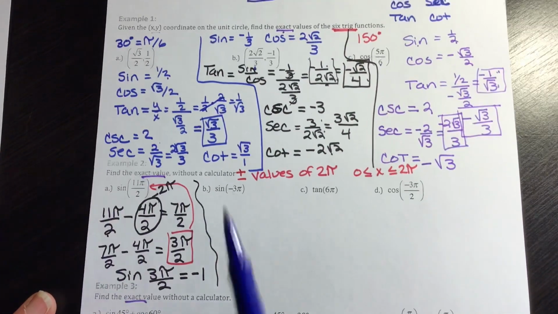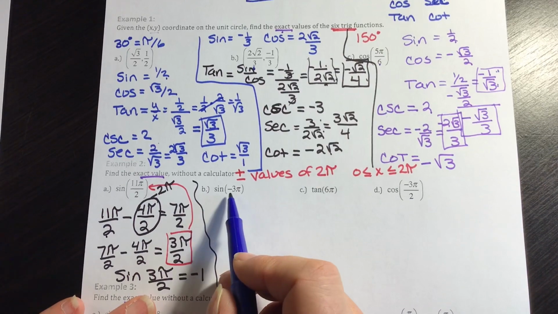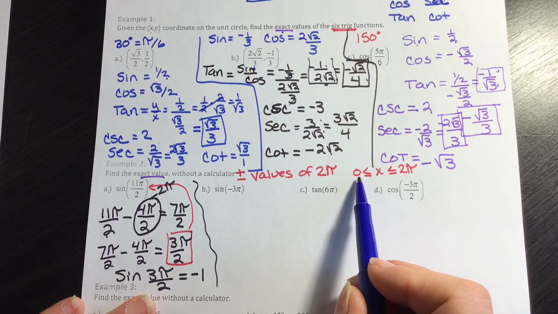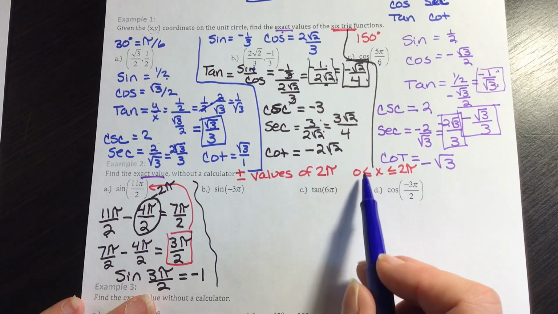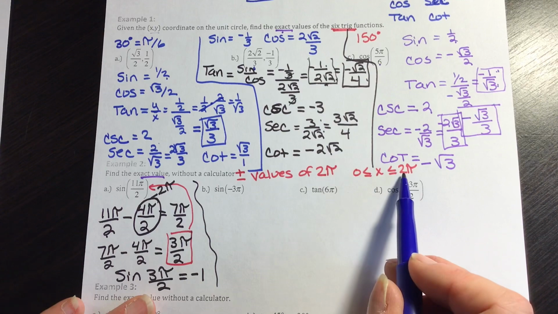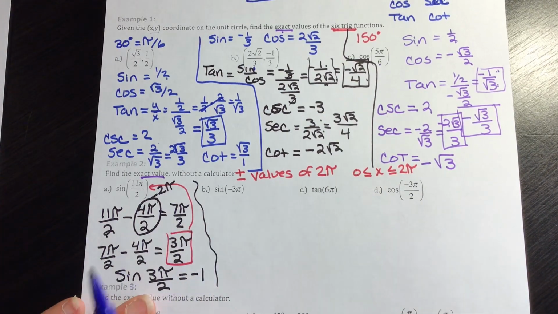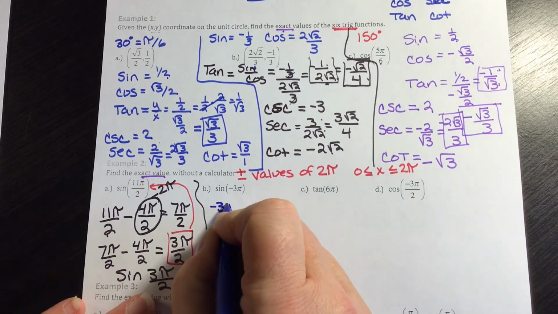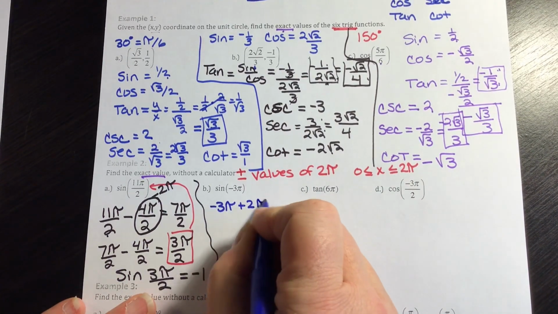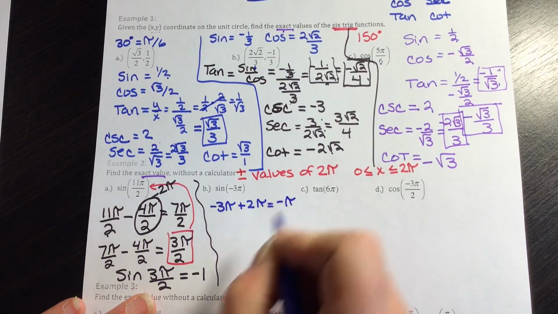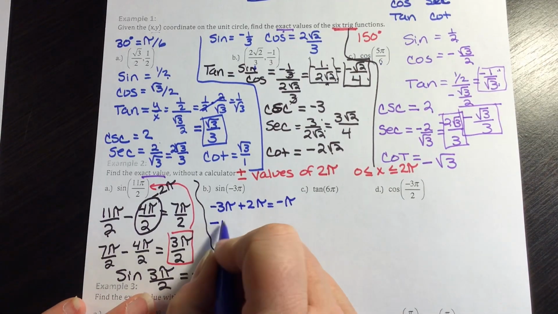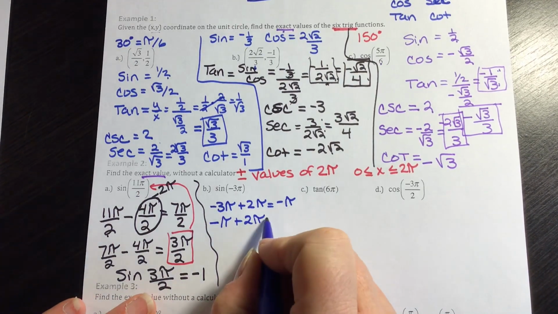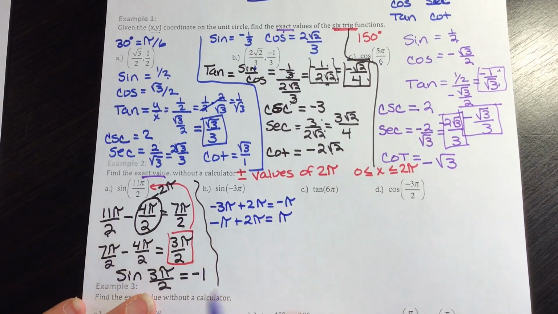All right, now how about sine of -3 pi? This is a negative value. We want to add multiples of 2 pi to get it to where it will land on our unit circle. So if I have -3 pi and I add 2 pi, I have -pi. I'm going to take that -pi and add another 2 pi, just revolutions around the circle, and then that would be pi.